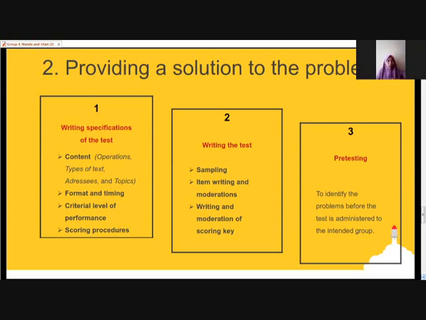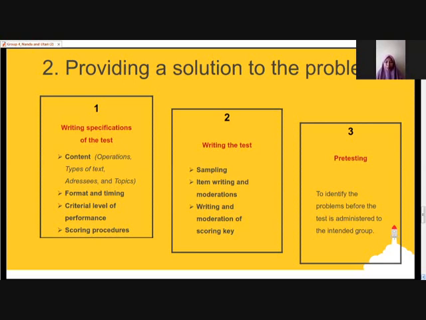After all the items are specified and fixed, after we ask our colleagues to recheck the language, maybe the typos, and maybe the potential for more than one correct answer, or maybe an item that doesn't have a correct answer. After we fix all of the items, we need to make the scoring key, the detailed scoring key. And for the third step, it is pre-testing.